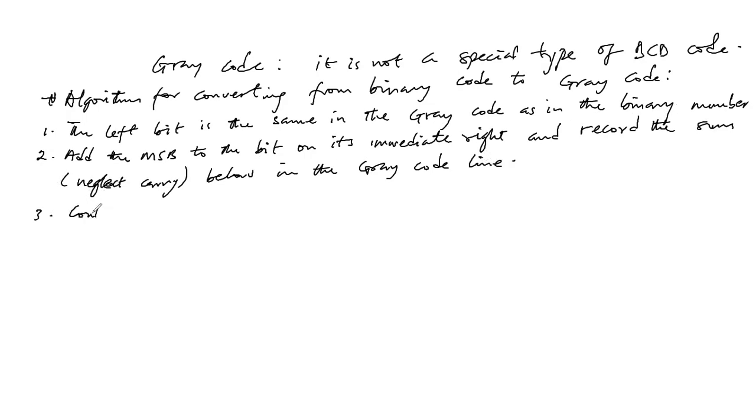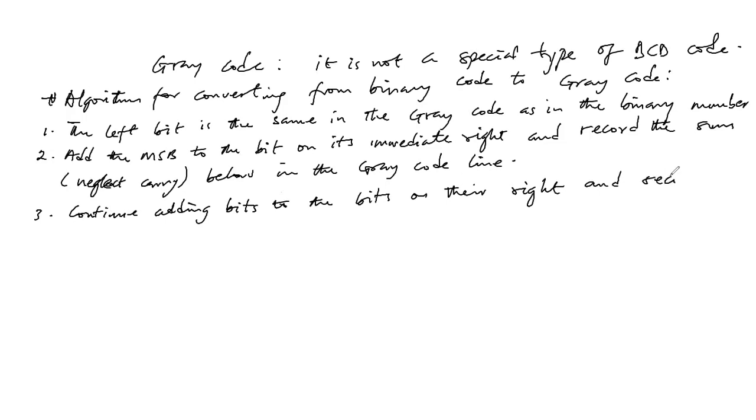The third point is to continue adding bits on the right, then recording the sum, until the least significant bit is recorded.